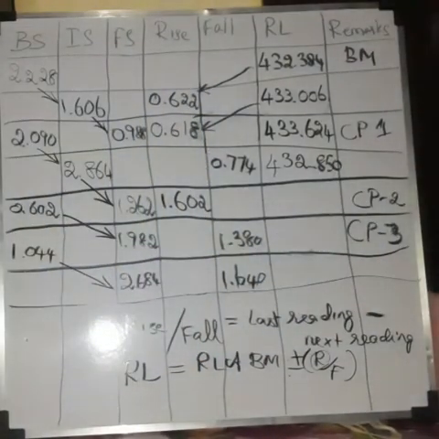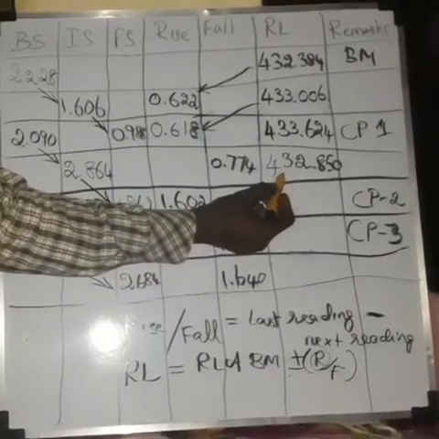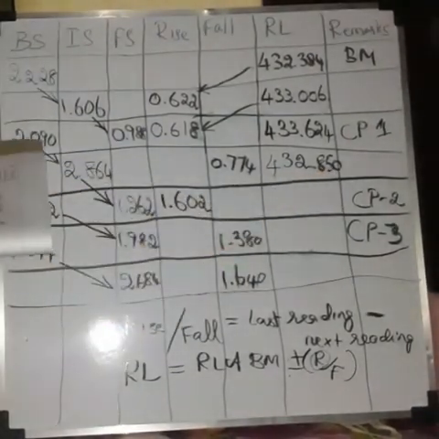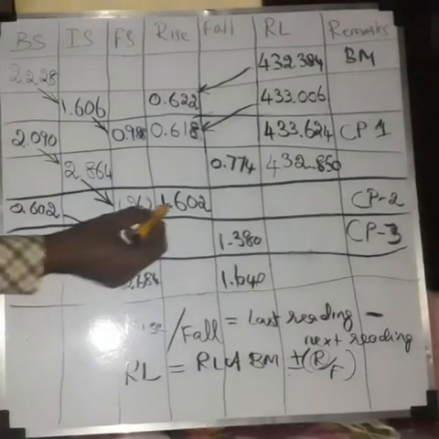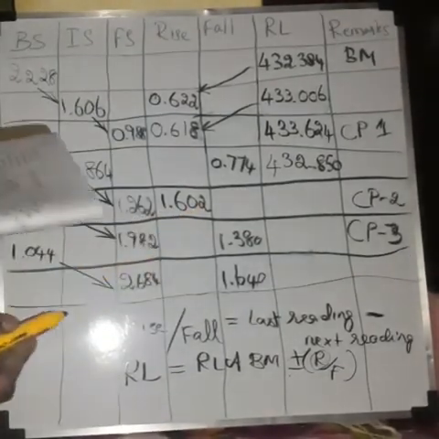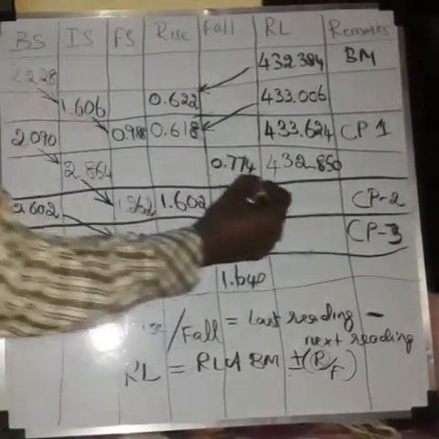Okay, next, the RL of the next point: 432.850 plus 1.602. That is the value, 434.452.